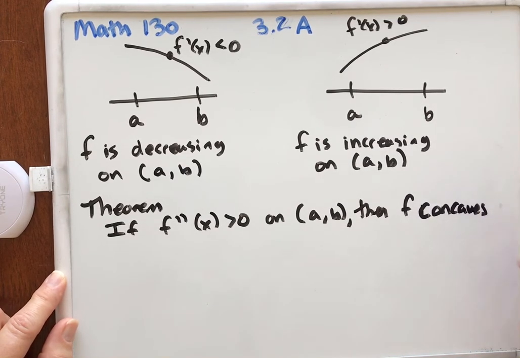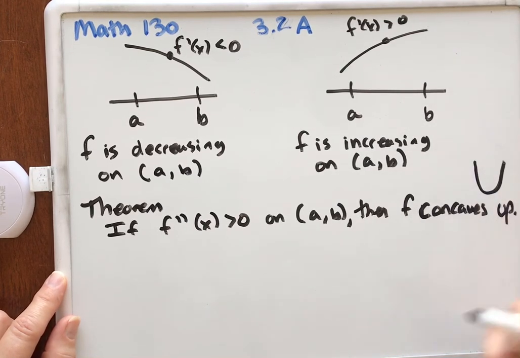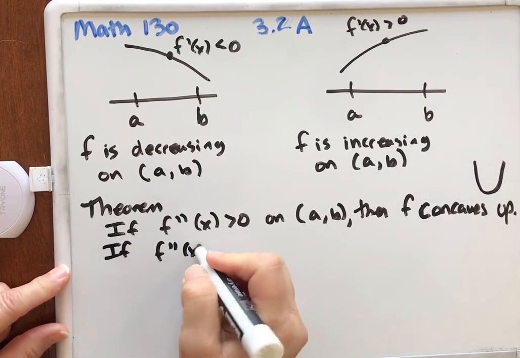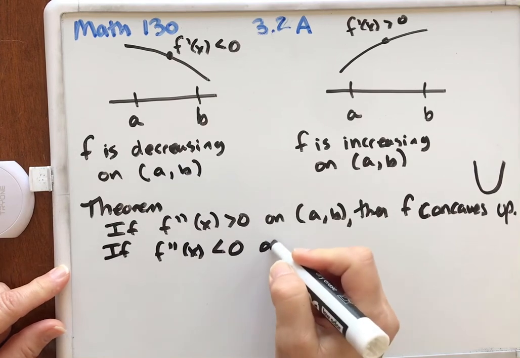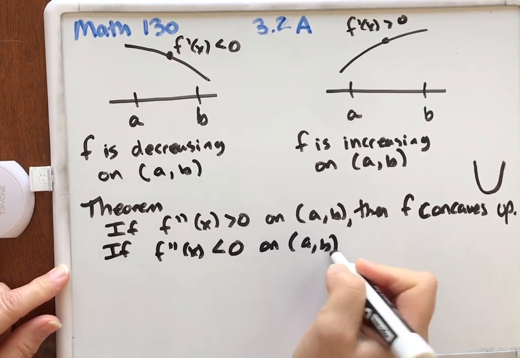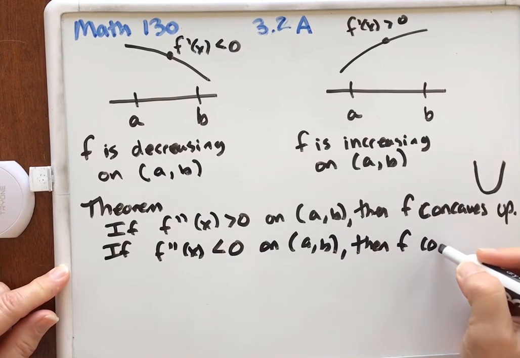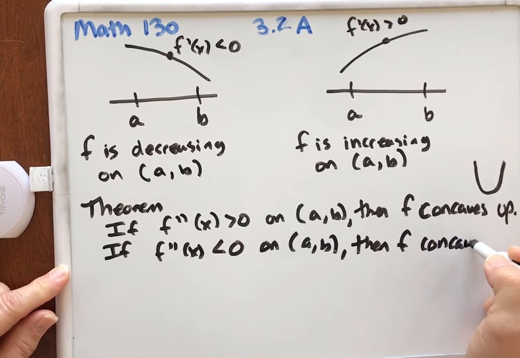I almost drew a little U. Okay, so it concaves up. If f double prime x is less than 0 on AB, then f concaves down. So it'll look like that.